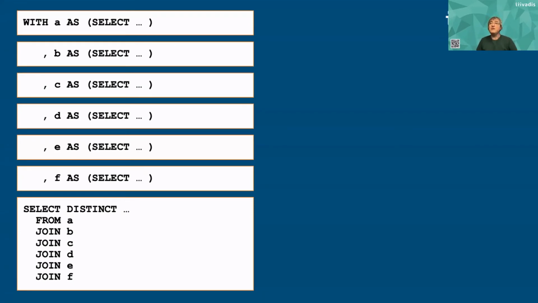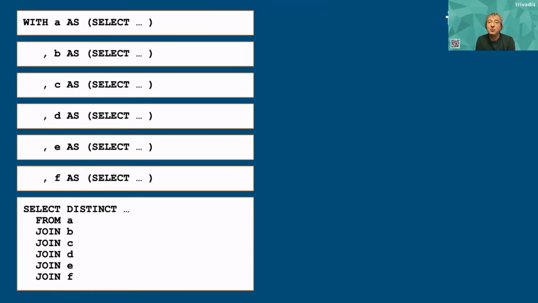One of these reports was quite a complex statement with several common table expressions, so WITH statements with subselects, let's say 6 of these subselects, and at the end all these intermediate results are joined together with a select distinct from A, B, C, and so on. Of course, the real query was much more complicated, but this is just to give you an overview of the query.